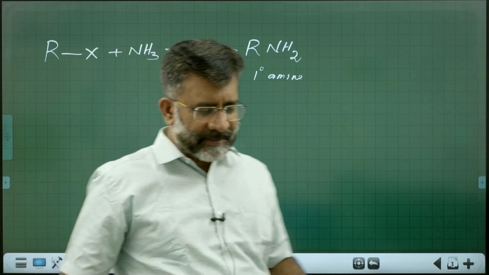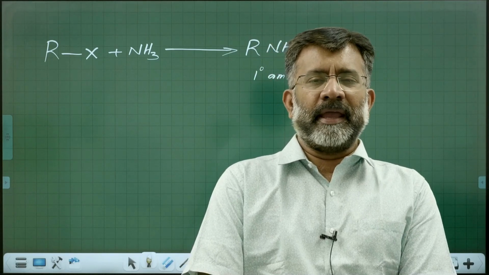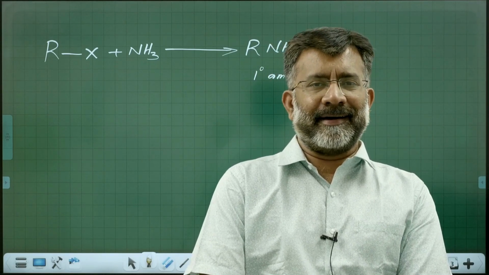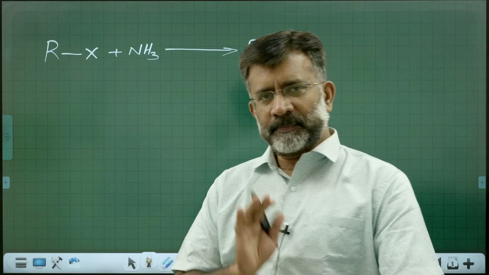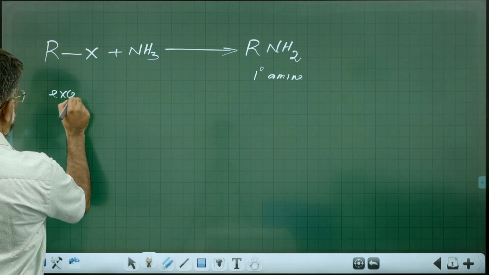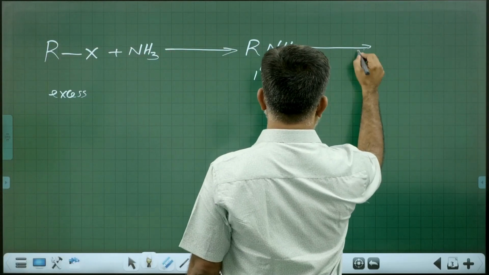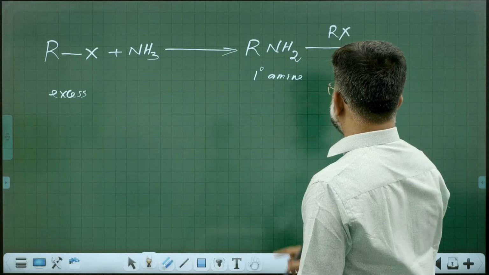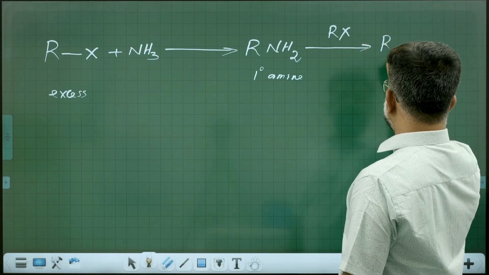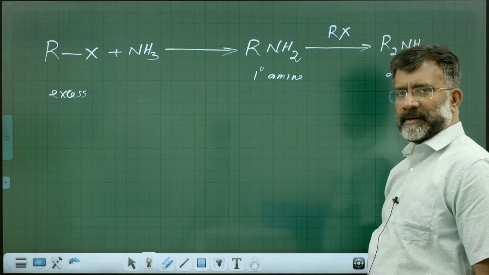This reaction can continue according to the relative amounts of ammonia and RX being taken. Suppose we are taking excess of RX. What will the result be? The obtained product can again react with RX, and you will get R2NH, a secondary amine.